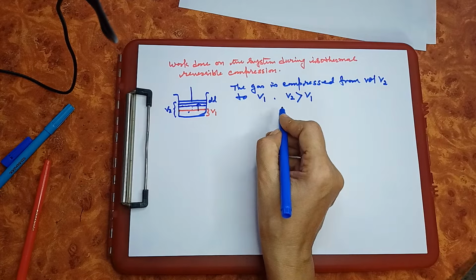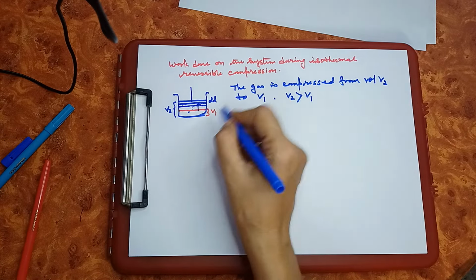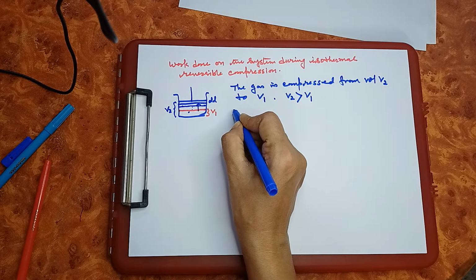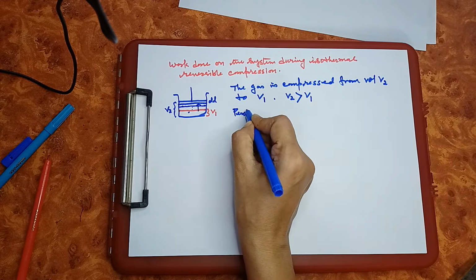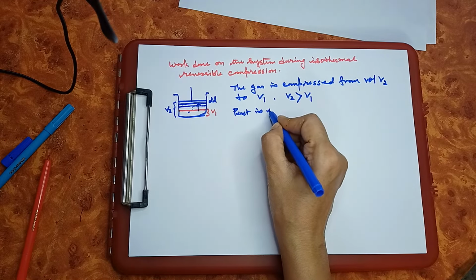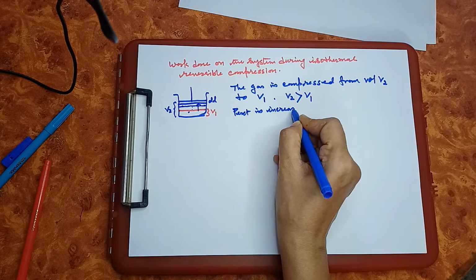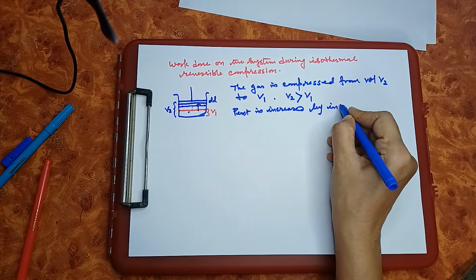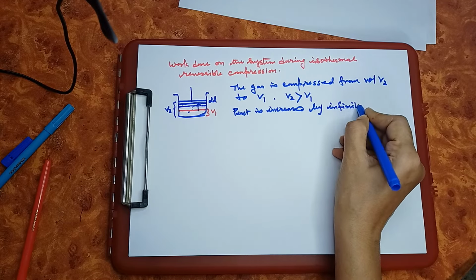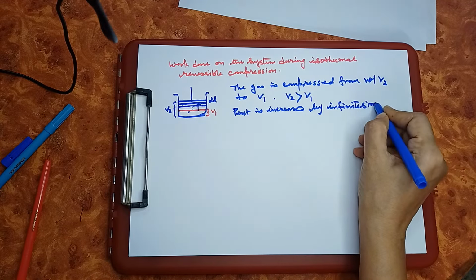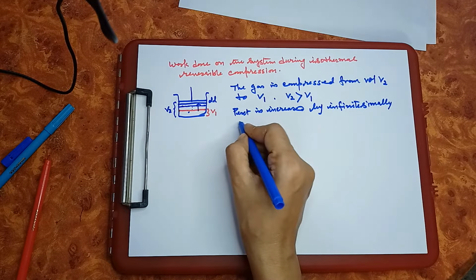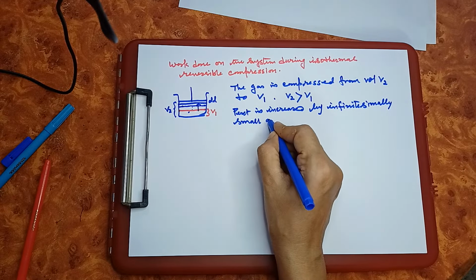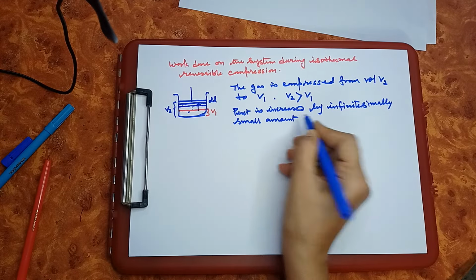Now this is the compression. How does the compression take place? It takes place through a large number of steps. So this external pressure P external is increased by an infinitesimally small amount dP.